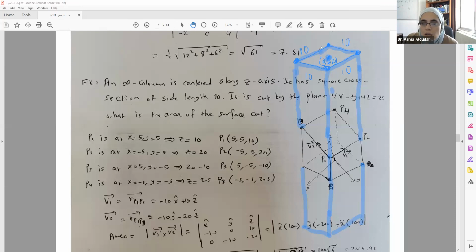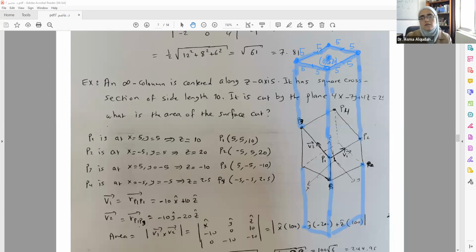Now, the length of this side is 10, so we have 5 in this direction and 5 in this direction. The same holds for this side. The total length is 10, so we have 5 here and 5 here. The same holds for the other sides.